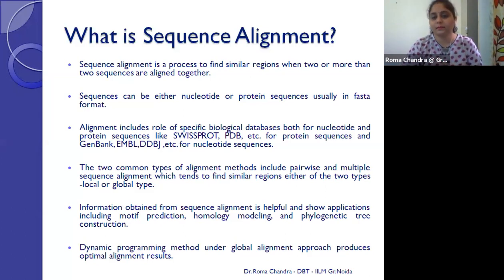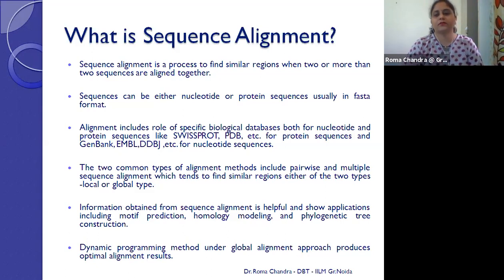Sequence alignment, and particularly multiple sequence alignment, is used for phylogenetic tree construction. I'll brief you once more. We are talking about the topic of sequence alignment. Sequence refers to nucleotide sequences or protein sequences. Alignment refers to a process where we search for all the similar regions.